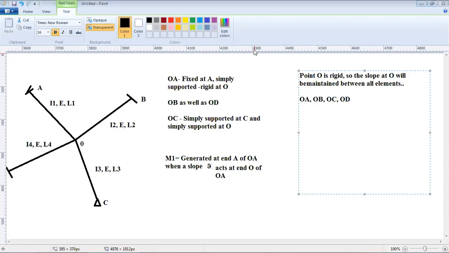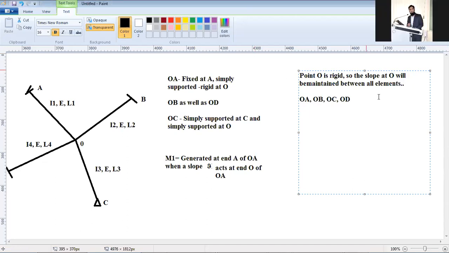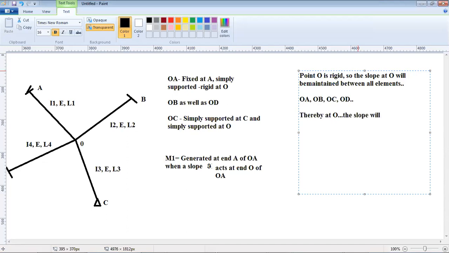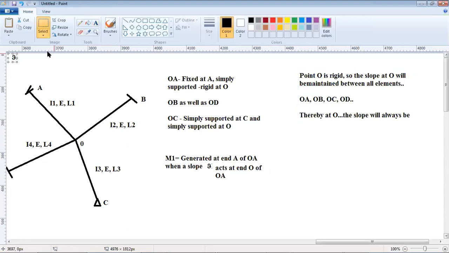Between them the slope will be maintained. Thereby at O the slope will always be theta, between all elements, between OA, OB, OC and OD.